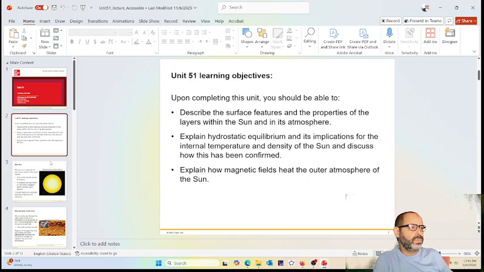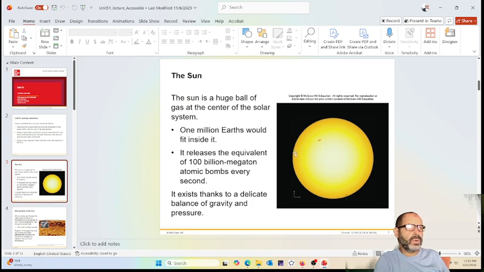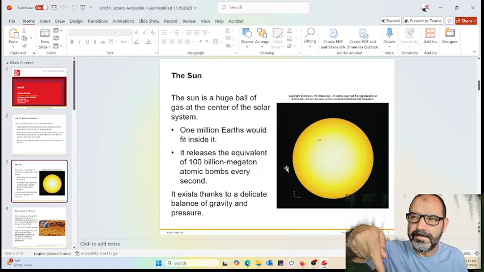So this is how the sun looks. It produces a lot of energy, 10 to the power 26 watts. That's 10 to the power 26 joules every second.